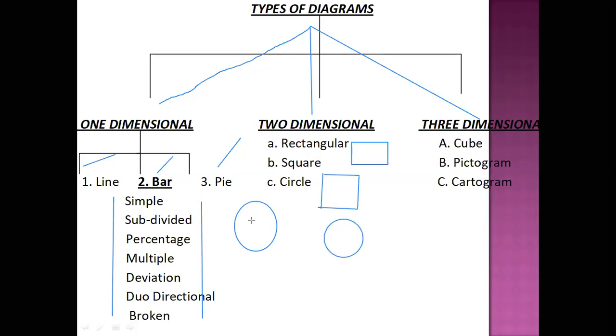Pie diagram is different, circle diagram is different. Please understand. In circle diagram, total data will be represented with the help of a circle, whereas in pie diagram, subdivisions will be there. Entire data will be appropriately subdivided. Three-dimensional diagrams, just now we have discussed about them.